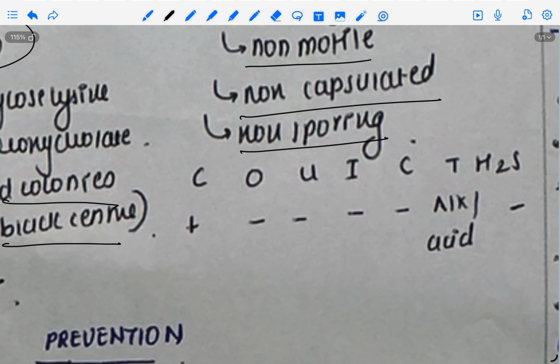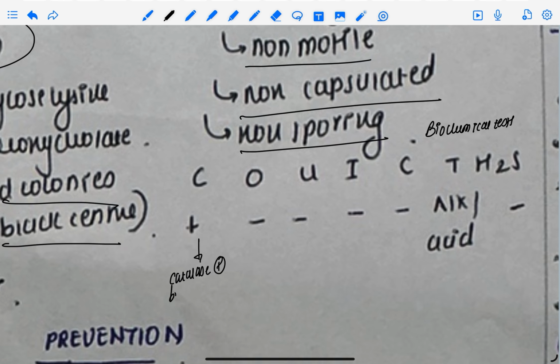Then if you do certain biochemical tests, what are the biochemical tests that you can find? Catalase positive, which means it breaks down hydrogen peroxide into water and oxygen.